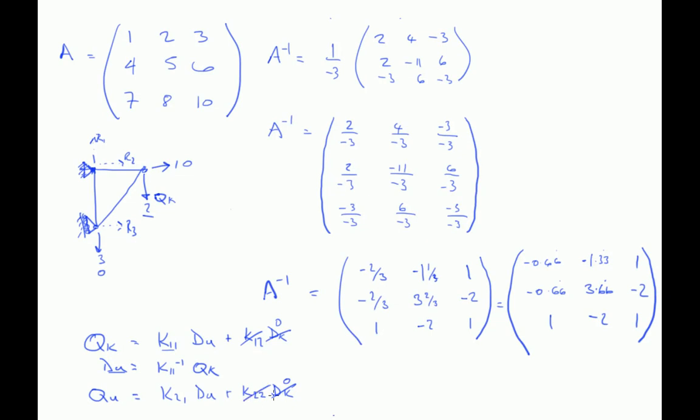So this term cancels out, but we've calculated du using our inverted matrix. We can now work out our unknown forces, which are our reactions R1, R2 and R3, using this stiffness matrix 2, 1 times the unknown deflections which we got from this step here.